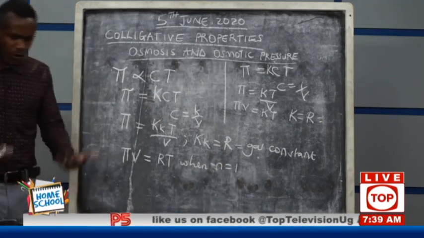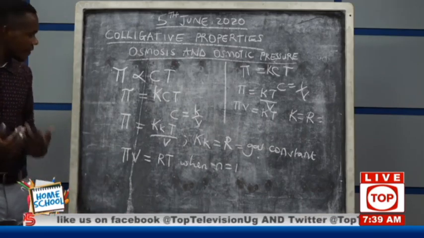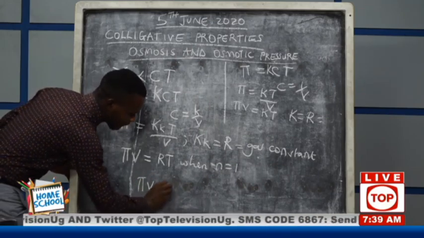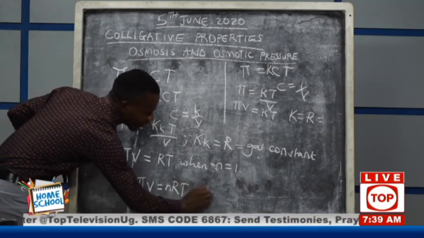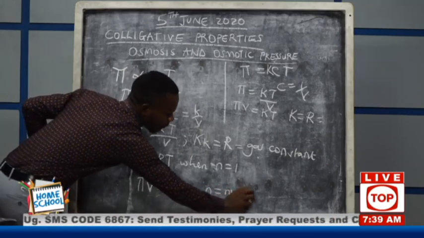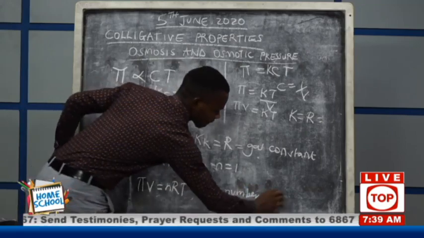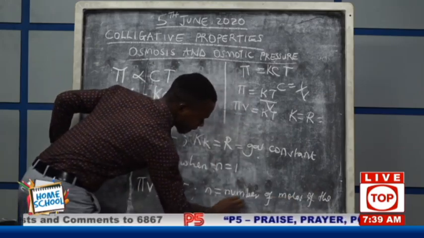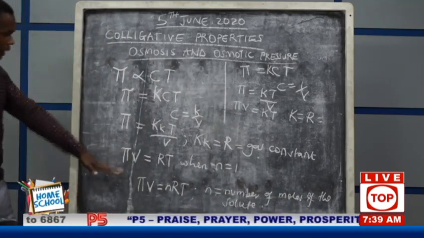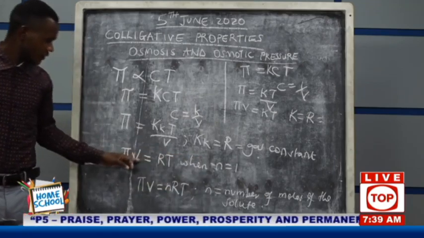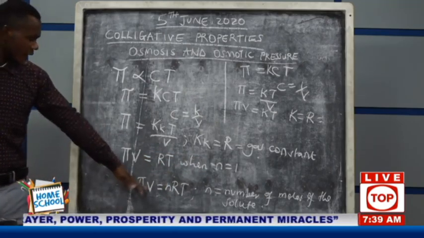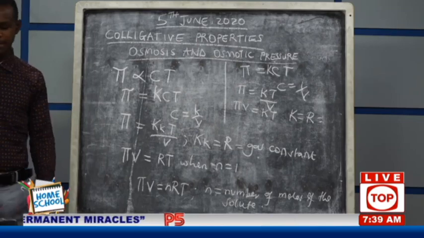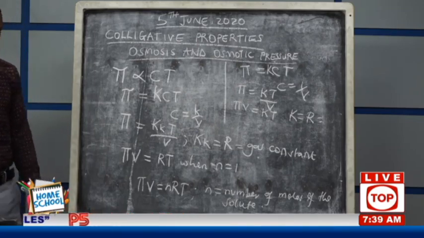But for n moles of the solute, we will have pi V equals nRT, and here n equals the number of moles of the solute. For n equals 1, we shall have this one. For n number of moles, we shall have this expression. And when we have that expression, we have almost attained everything.